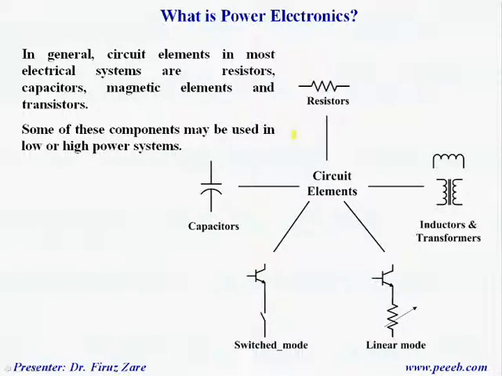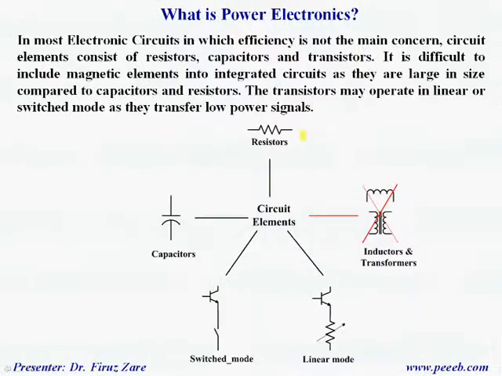In general, circuit elements in most electrical systems are resistors, capacitors, magnetic elements, which can be either inductors or transformers, and transistors operating in switch mode or linear mode. Some of these components may be used in low or high power systems.